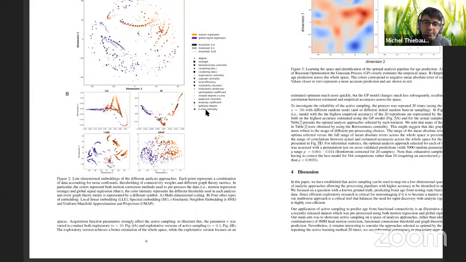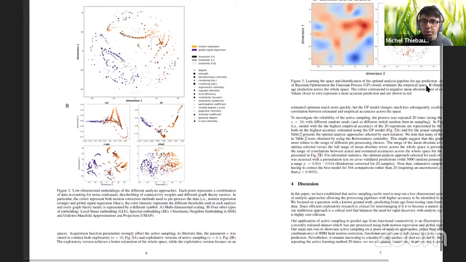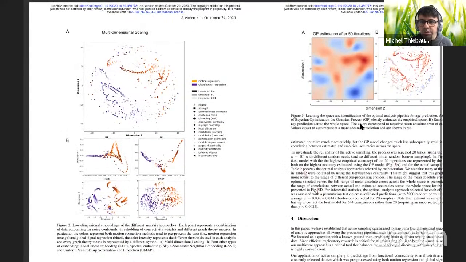And then once you have that, you can see which ones are the best to predict the age of the participants. So for every point of space inside this multiverse, you do a statistical prediction and see how good you are at predicting age. And then you color that space according to the level of prediction that you have.